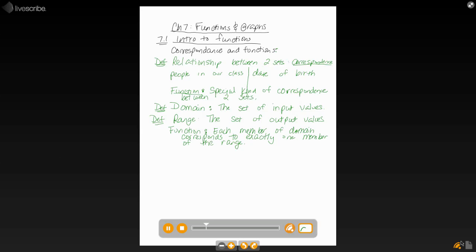Each member of the domain corresponds to exactly one member of the range. That's a kind of special correspondence. It's called a function. Okay.